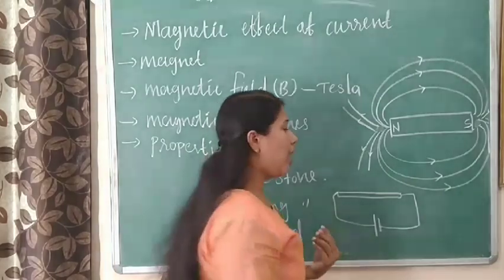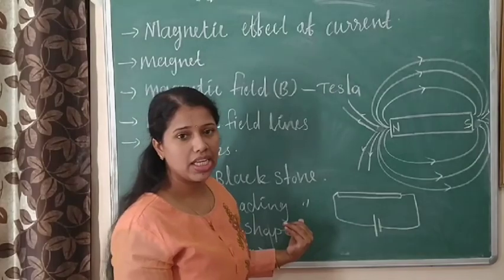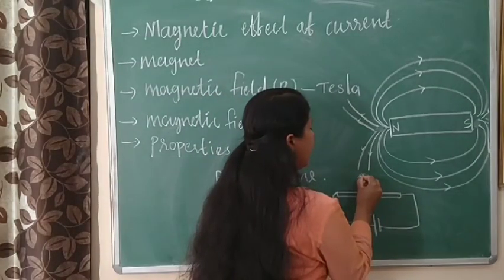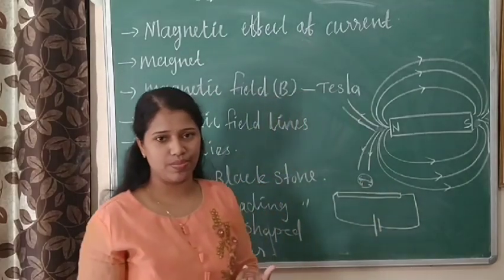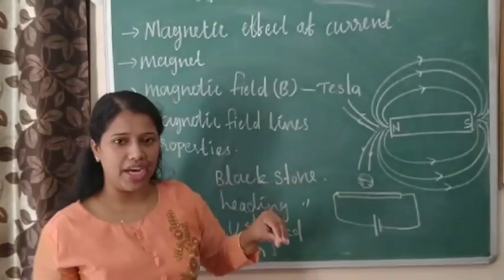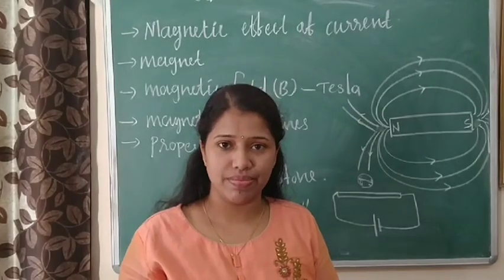Then we bring one compass needle. We know that a needle has one side north and one side south. If you keep it near this wire, what happens? It shows deflection.